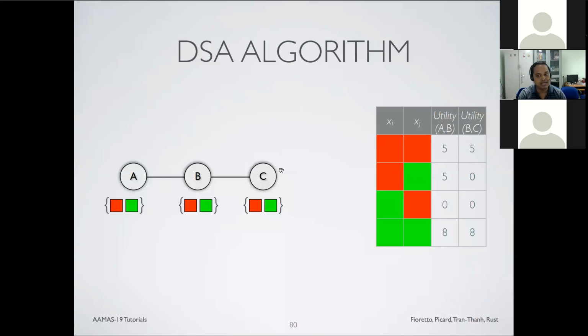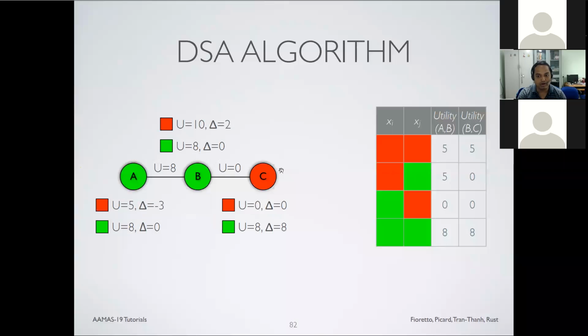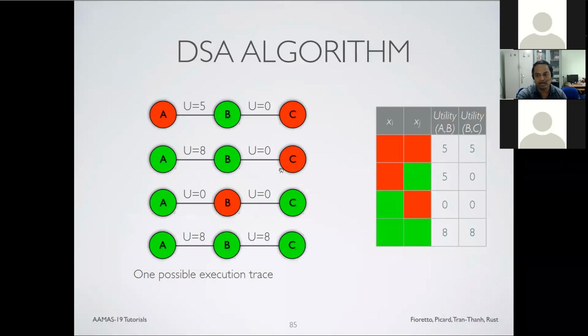But in the case of the DSA algorithm, you don't need to wait for the completion of the algorithm. At any moment of time, at any iteration, you can expect a result. So maybe after the first iteration, you are looking for a result. You don't want to wait till the completion of the algorithm. So you take the result.